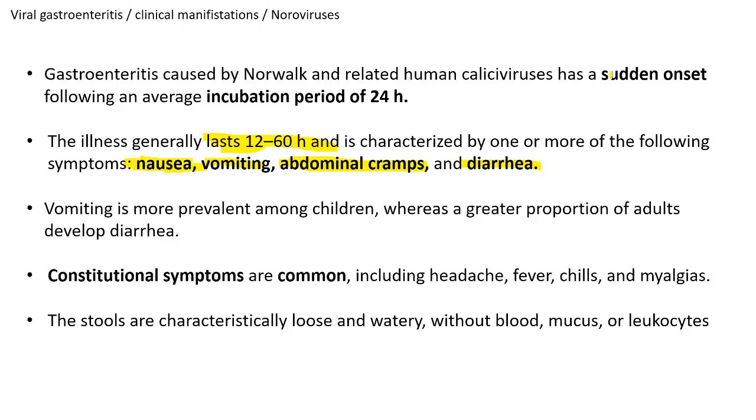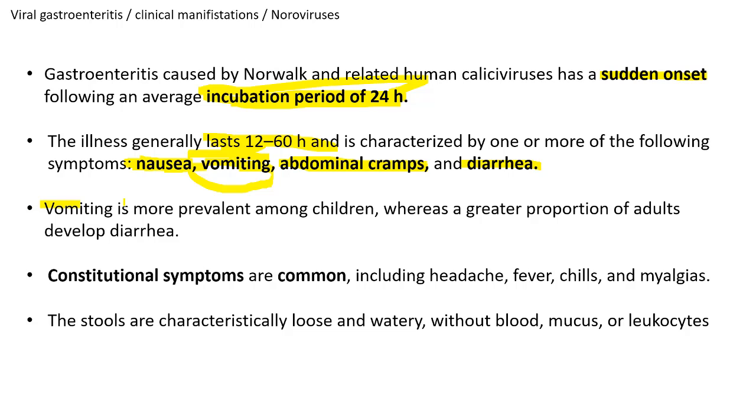And it's characterized by a sudden onset that follows an incubation period of 24 hours. So maybe within 24 hours of eating the contaminated food at the restaurant, the person will start vomiting. That's one of the more prominent features. And they will also have some abdominal cramps, and maybe they will have diarrhea. Then you would think gastroenteritis, right? And then afterwards, as we will see in the diagnosis, you try and decide, is this bacterial or viral?